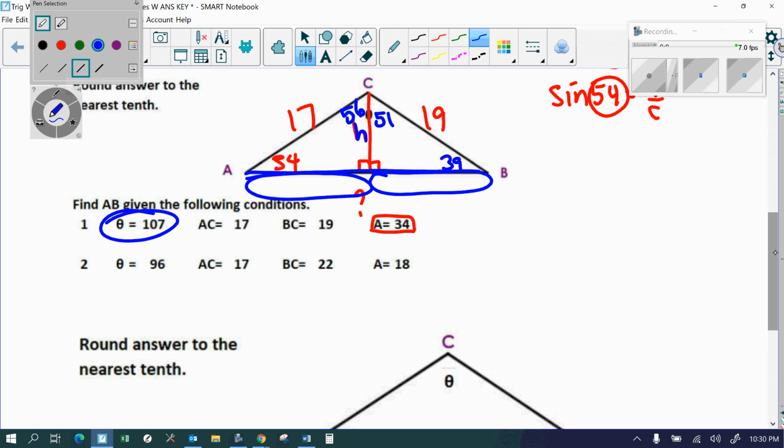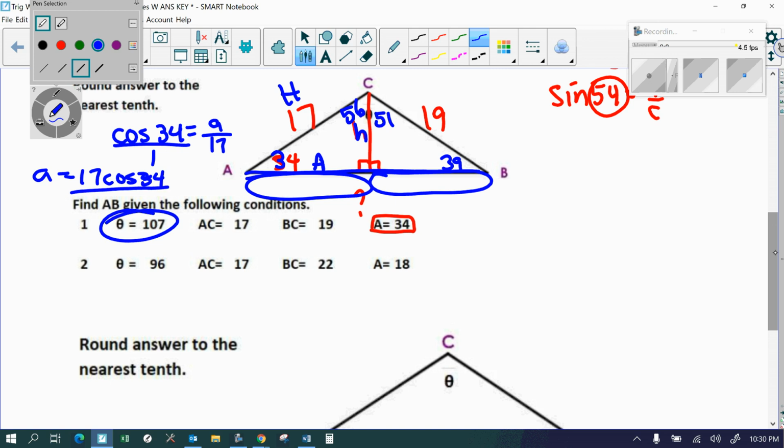If I'm going to use 34, it's going to be the adjacent side and the hypotenuse, which is cosine. So the cosine of 34 equals, let's say A over 17. Cross multiply, I get A equals 17 cosine 34. That's the exact answer.